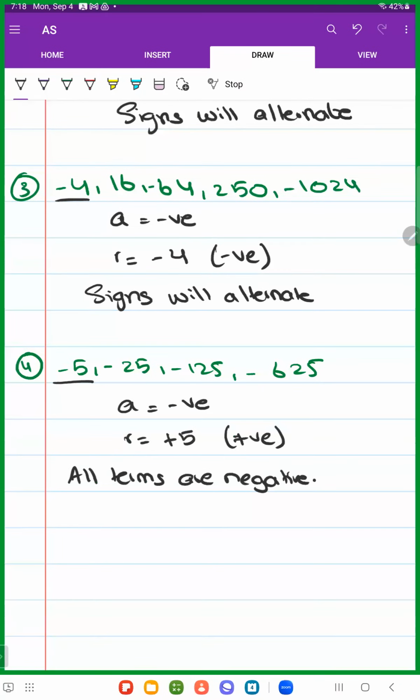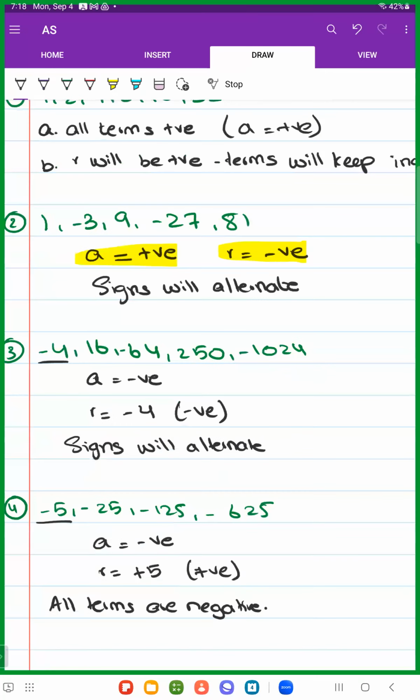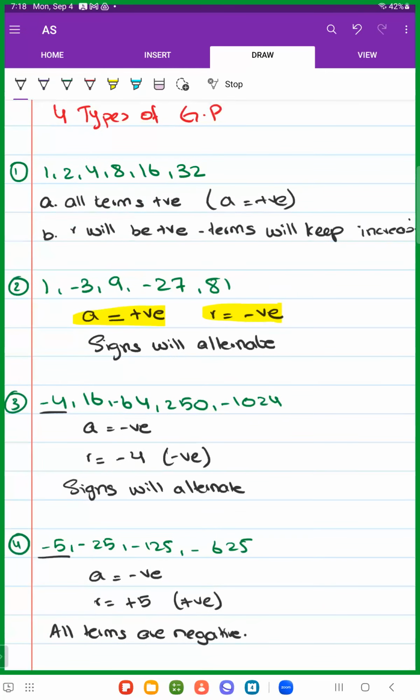You understand? So let's look at all 4 types now. When my A was positive and R is also positive, all my terms were positive. This is the first type. The second type is when A is positive but R is negative, so signs will alternate. If A is negative and R is also negative, signs will again alternate.